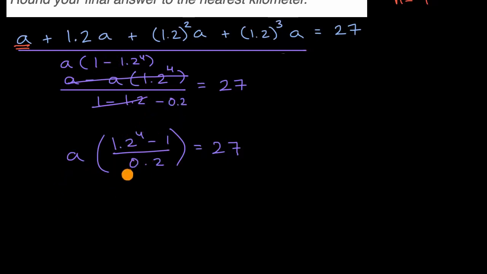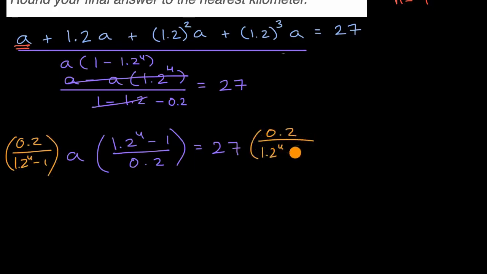And so now I can just multiply both sides times the reciprocal of this. So I'll do it here. So 0.2 over 1.2 to the fourth minus 1. And then here, 0.2 over 1.2 to the fourth minus 1. That cancels with that. That cancels with that. That's exactly why I did that.